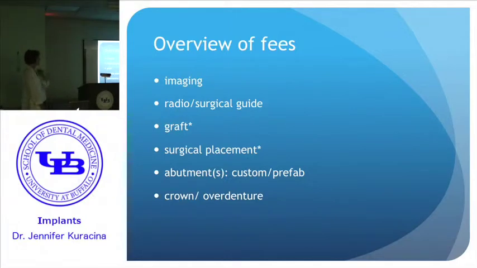The graft and the surgical placement are going to be post-doc fees, and the students always get kind of flustered because Picasso doesn't allow them to enter the surgical placement because they're not going to be doing it. But if they go under provider and click on the asterisk that shows up, it'll bring down a pop-up menu where they can select post-grad implant, and then it will allow them to enter the fee in.